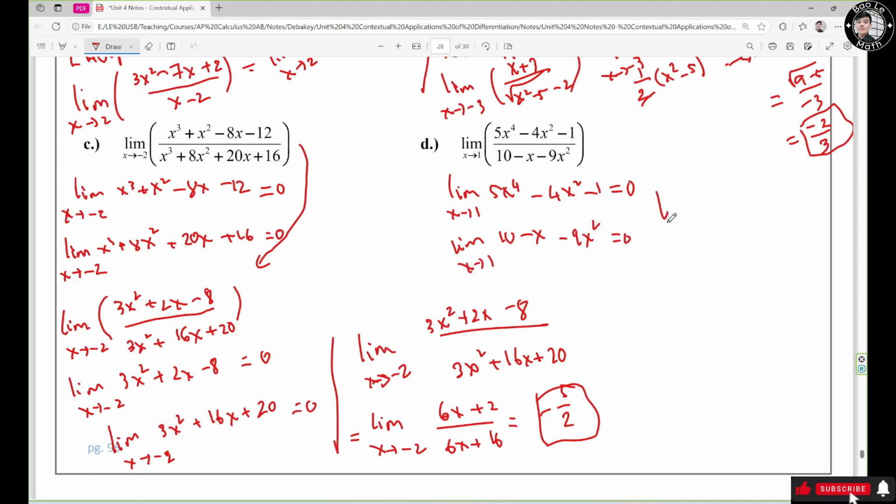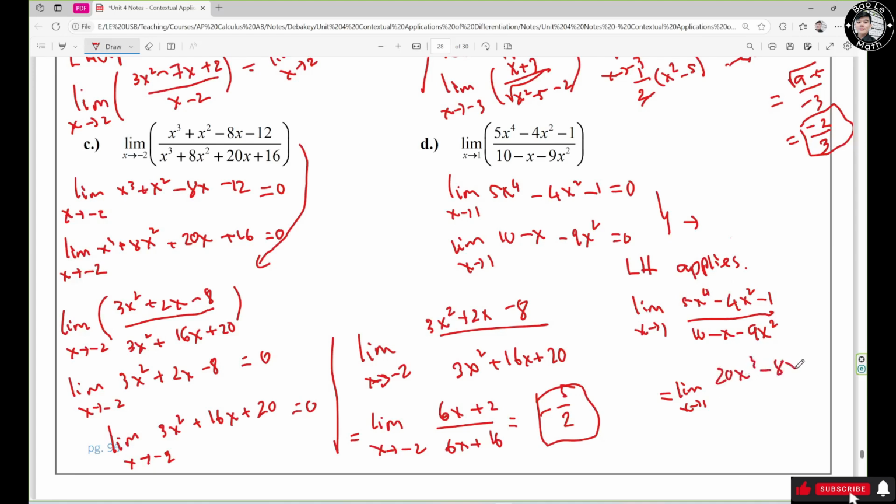So L'Hôpital's rule applies. It will be the limit of (5s to the 4 minus 4s squared minus 1) over (10 minus s minus 9s squared) as s approaches 1. Now you take the derivative of the numerator and denominator, which turns out to be (20s cubed minus 8s) over (negative 1 minus 18s). Substitute 1 for s, so the answer should be negative 12 over 19.